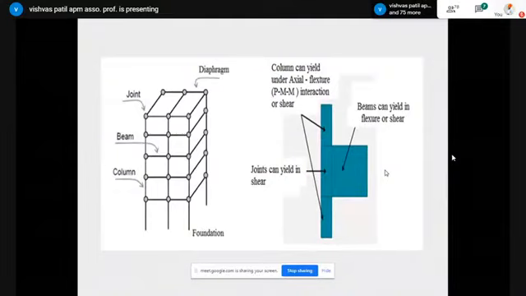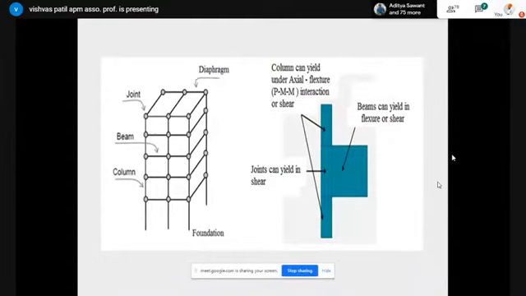So the column fails under axial plus flexure coupled action, or it may fail in shear. The probable location is again at the ends. So for the column also, non-linearity is required to be defined at the ends only.